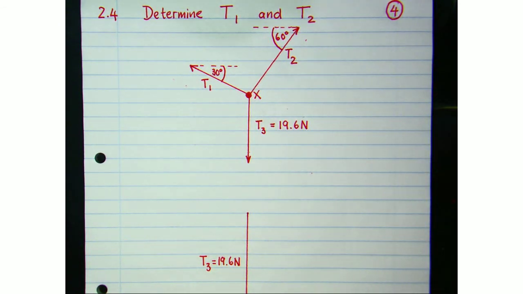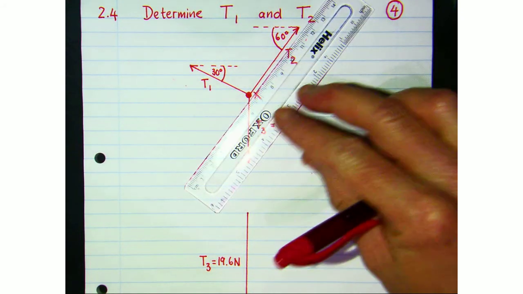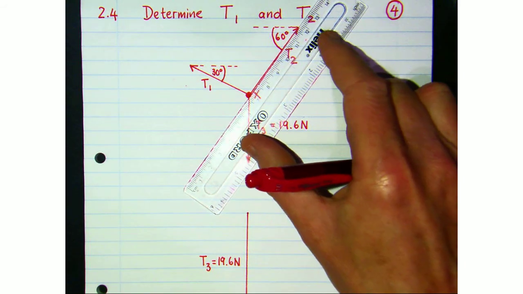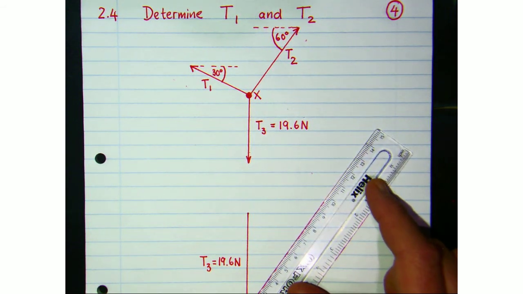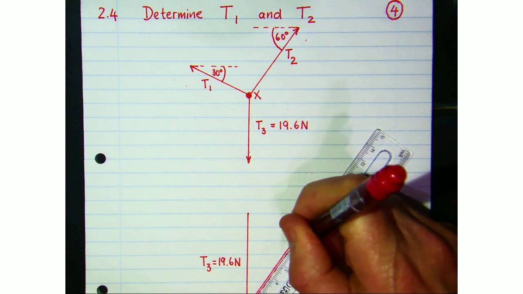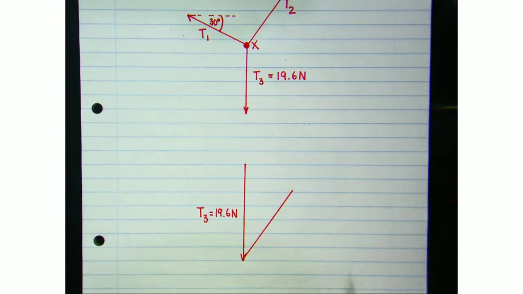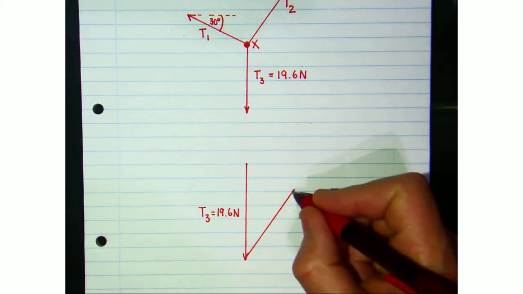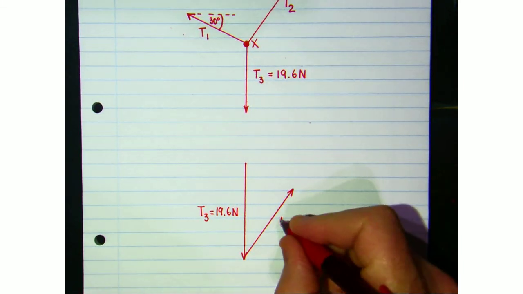But when I draw it, I must make sure that I keep its direction constant. So I put my ruler there and slide it down the page to the head of T3, and I draw in a vector. I don't know how long to draw it. I'm not too interested in how long it is. This is not a scale diagram. So I'm going to label that T2, and I don't know its value.